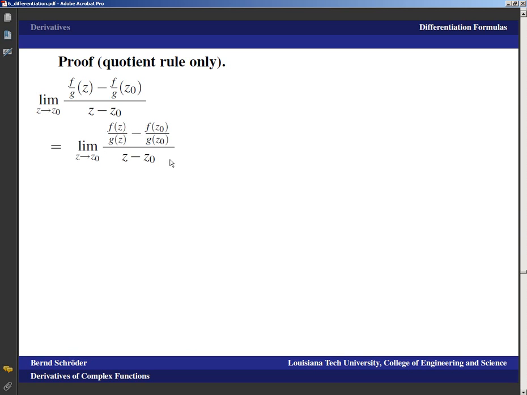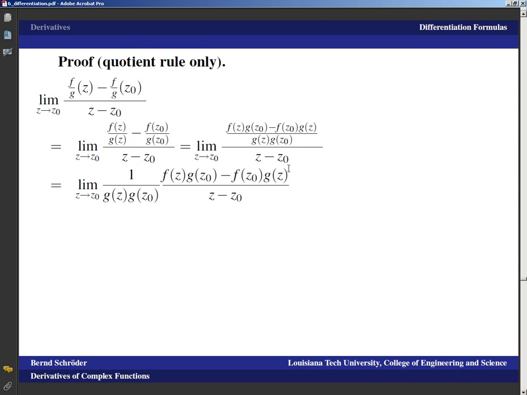Well, that's fractions inside fractions, so it's very natural what to do next. We've got to find common denominators and turn everything into one fraction. So finding common denominators, multiply with g of z0 here and multiply with g of z here, we get the limit as z goes to z0 of [f(z) g(z0) minus f(z0) g(z)] divided by g(z) times g(z0), divided by z minus z0.